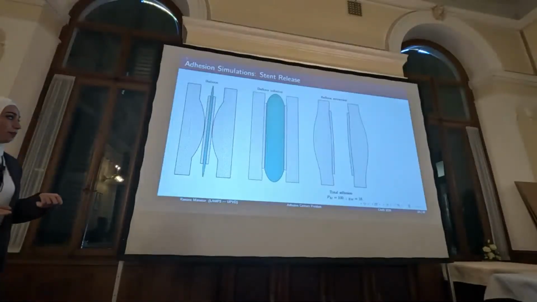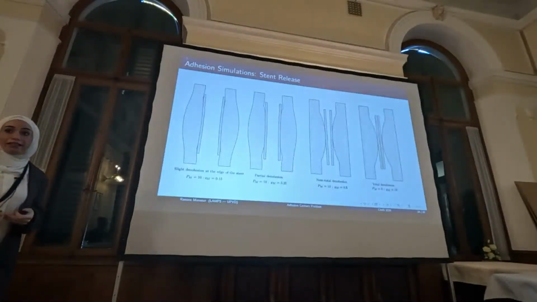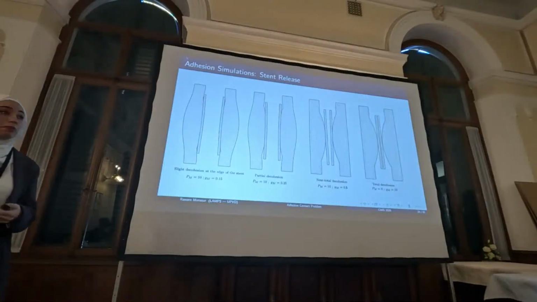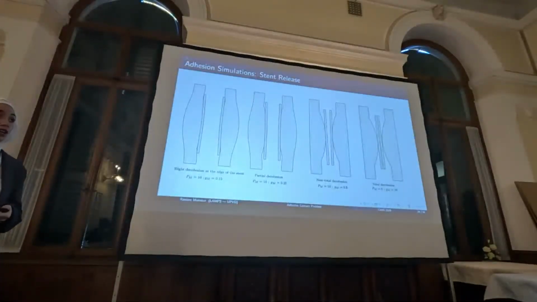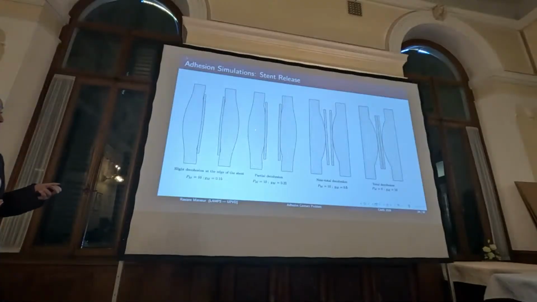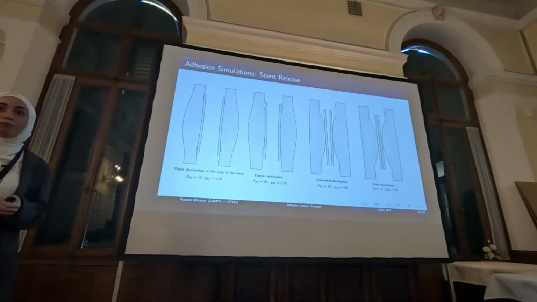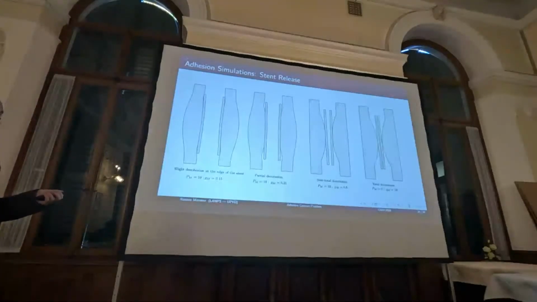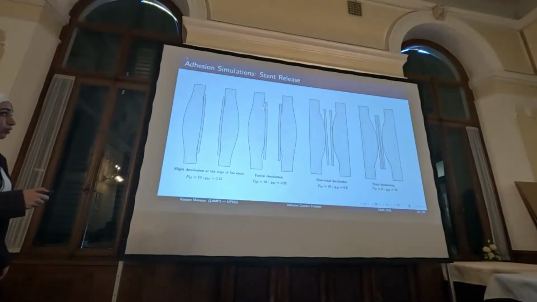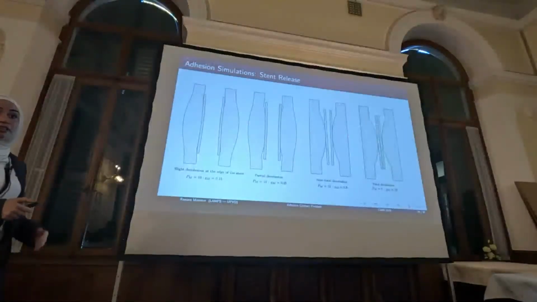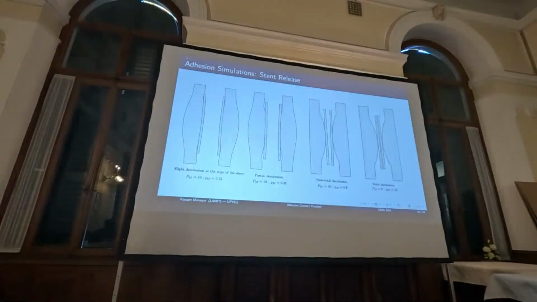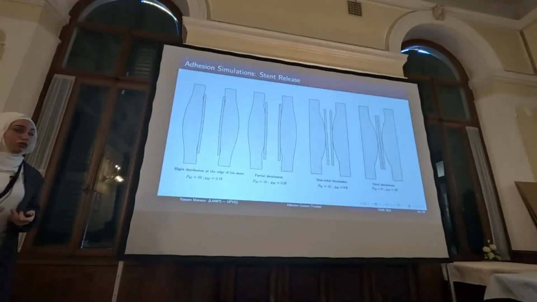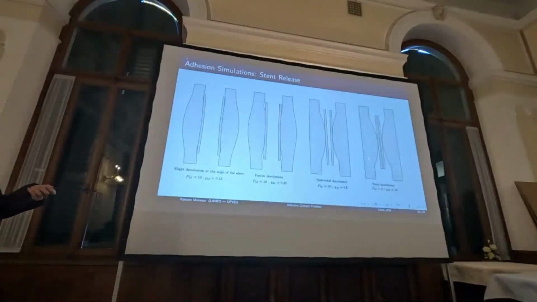Next, we want to investigate how the adhesion parameters PM and GM affect the stent's final configuration. We see different shapes for different adhesion parameters PM and GM, representing a decreasing adhesion level. So we see a smooth transition from full adhesion to partial decohesion and total detachment. This result confirms that our model can continuously reproduce the different regimes of adhesion, from full adhesion to complete decohesion.